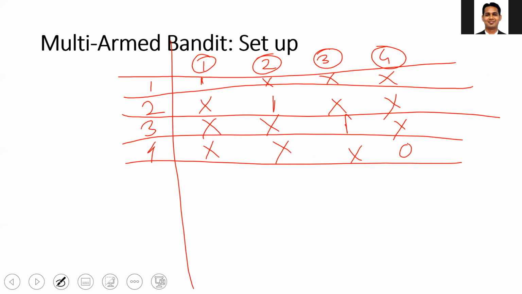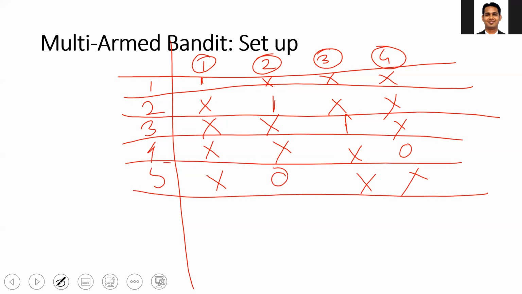Say I select arm 2, and I got a reward of 0. Now I'll select arm 3, because I know that arms 1 and 3 are good for me.